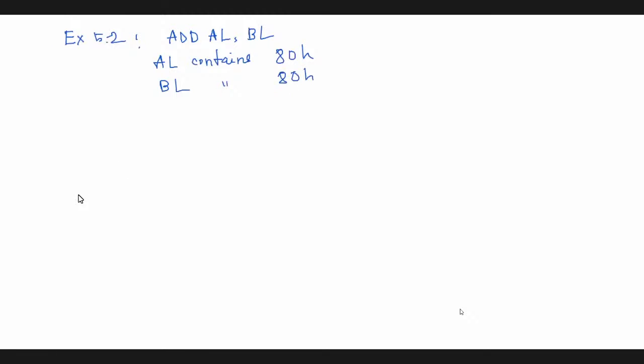So AL, BL both contain H0. Please calculate it.